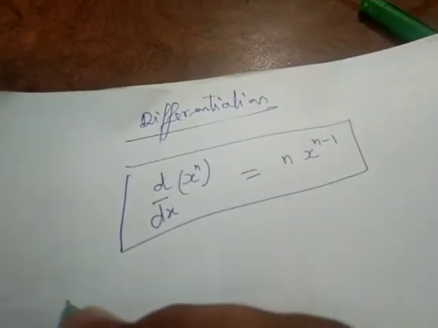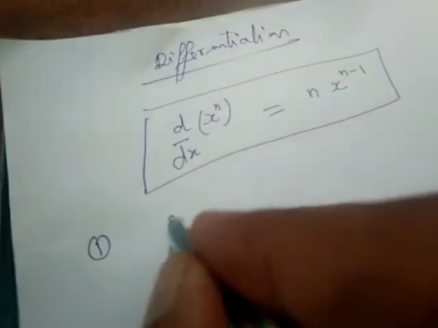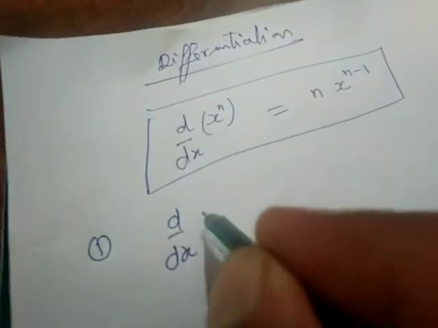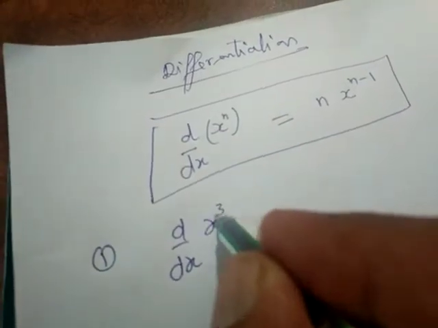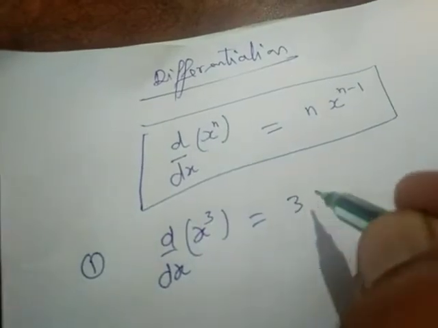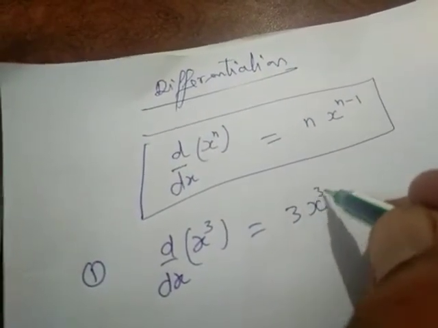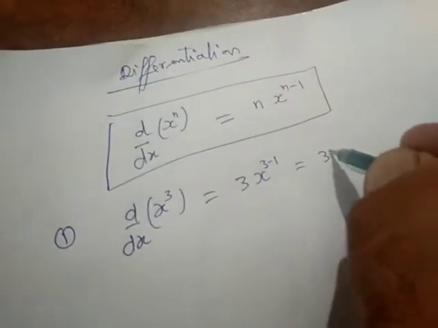Now we will go through the examples. Example number one: if we are differentiating x to power 3, here n is 3, so n is multiplied and the power becomes 3 minus 1, so this becomes 3x square.